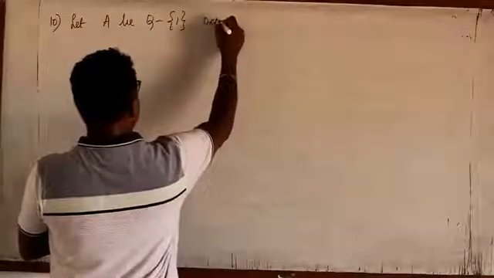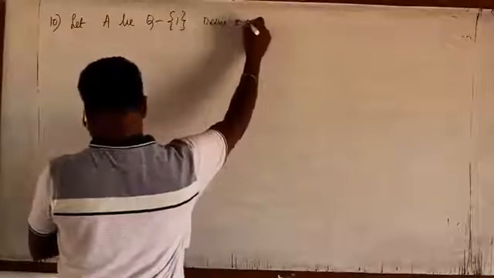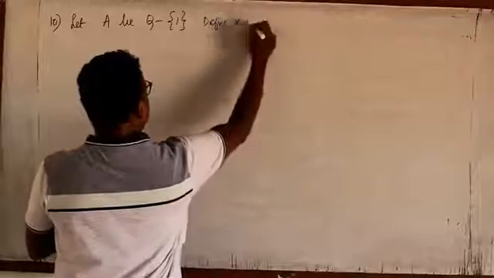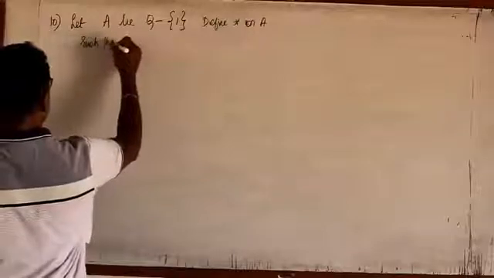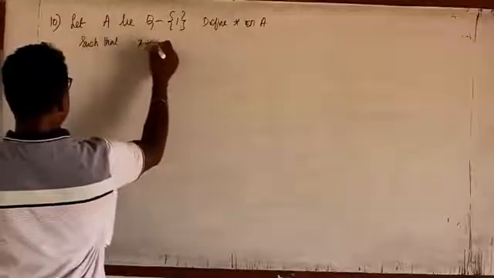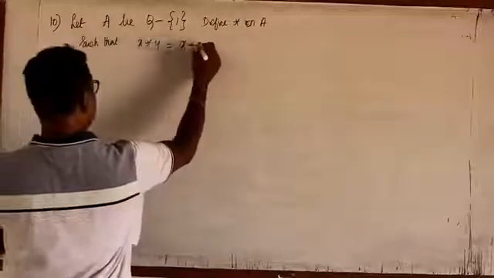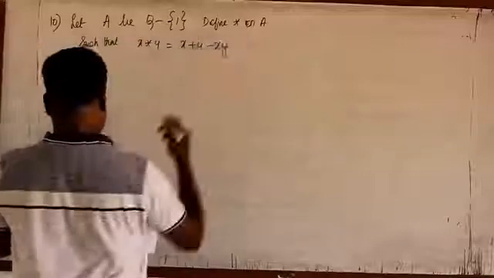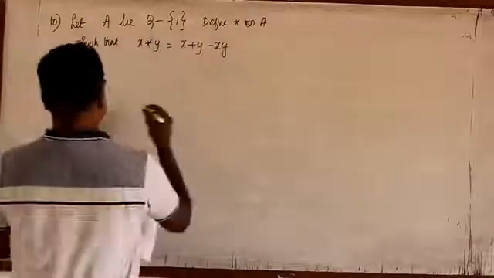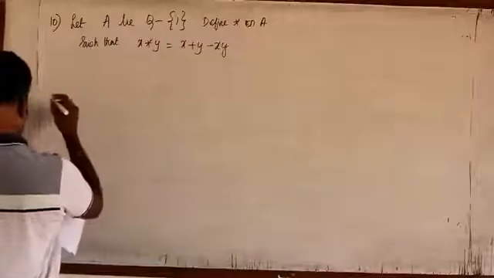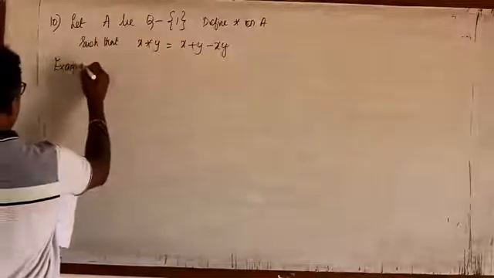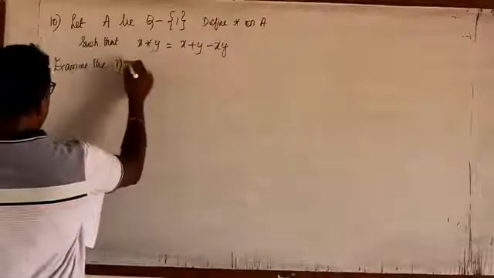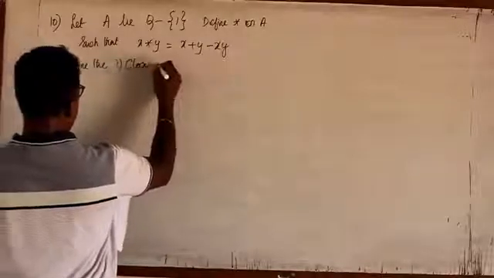The next 10th law. Let A be Q minus 1. Define star on A such that x star y equal to x plus y minus xy. Examine that. Closure property.